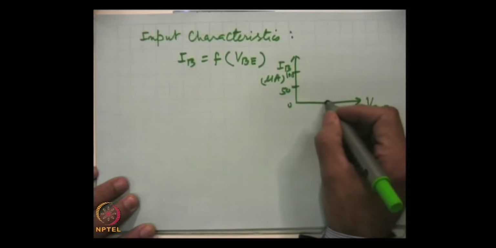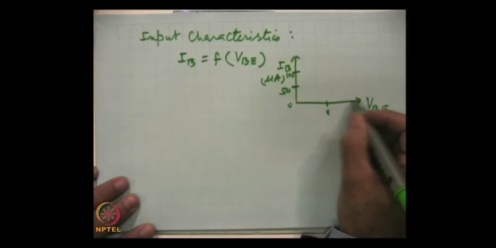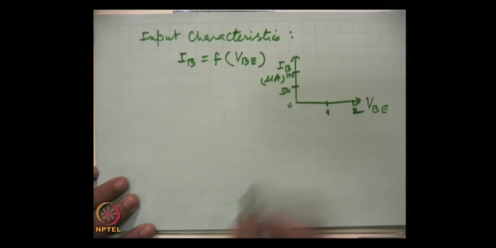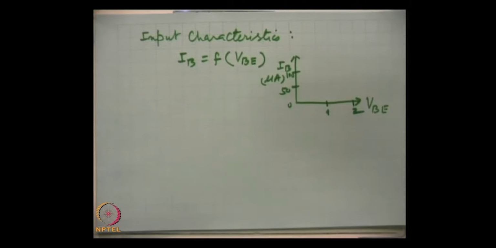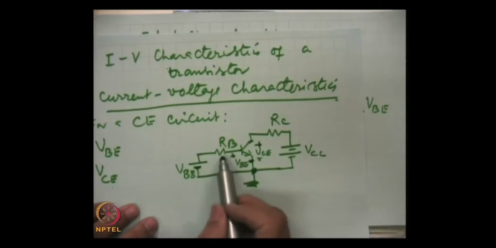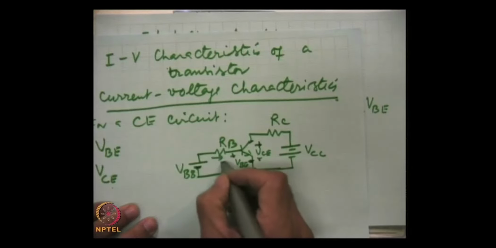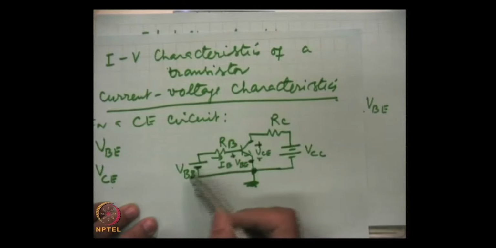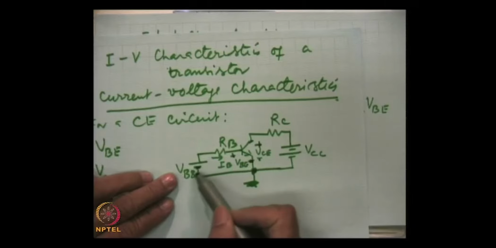This is the voltage, this is 1 volt and 2 volts. Now, look here, we can change the base current IB by changing this voltage, and we can plot.